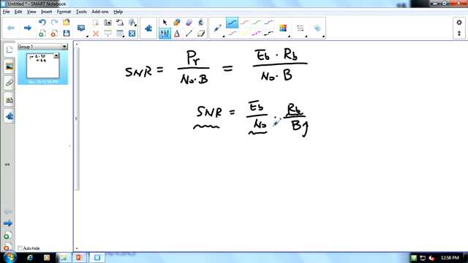Here we have 5 parameters and 3 of them remain constant, so increasing bandwidth means equivalently our energy per bit also increases for this equality to hold. We are allocating more energy for each bit, which is not difficult to understand.